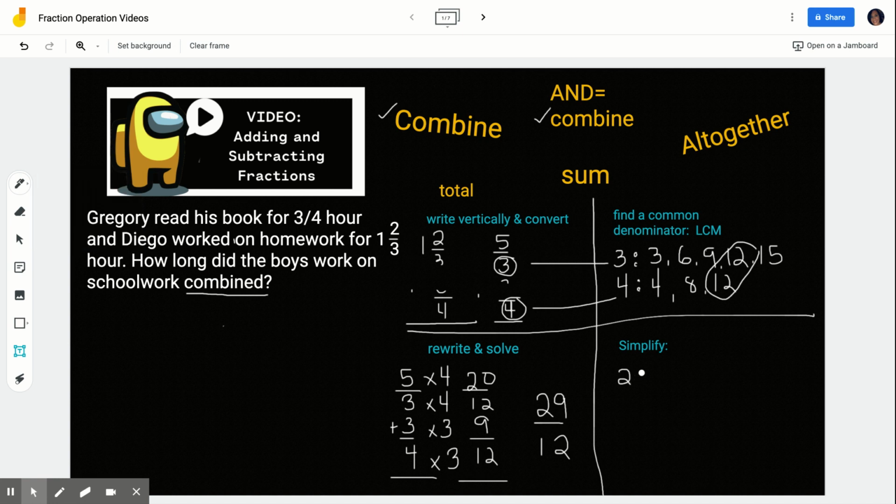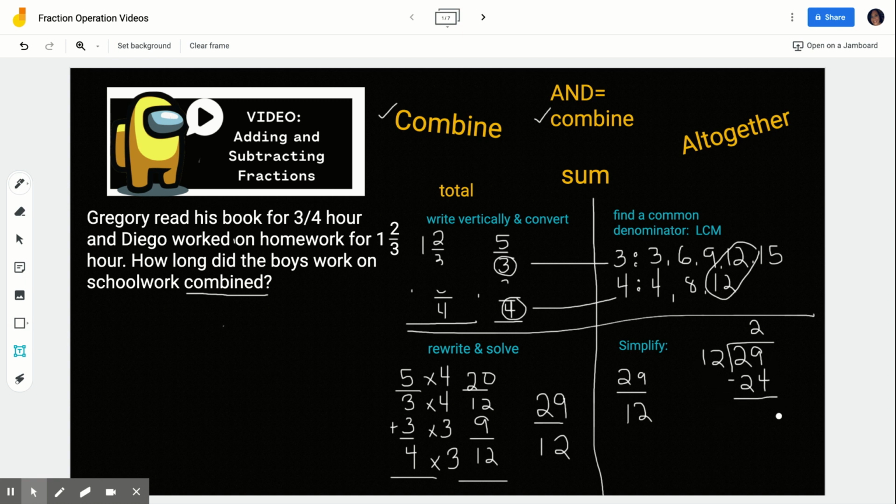So first thing I need to do to convert 29/12, because that is an improper fraction, is to divide. So I'm going to say 29 divided by 12. How many groups of 12 can I make with 29? The answer is 2 groups, because 2 groups of 12 has the value of 24. And this is just basic division, guys, that you're used to.